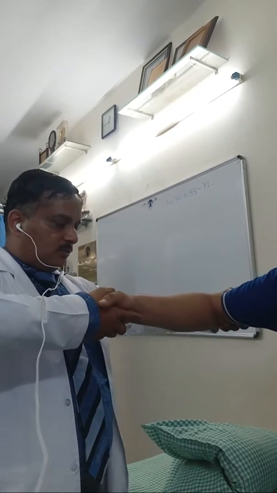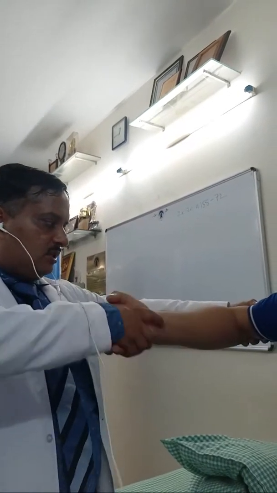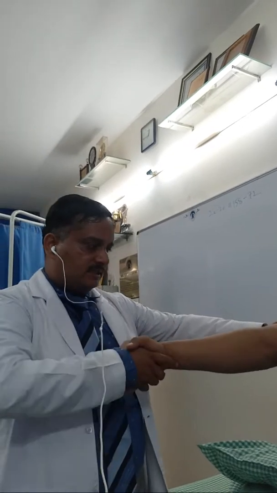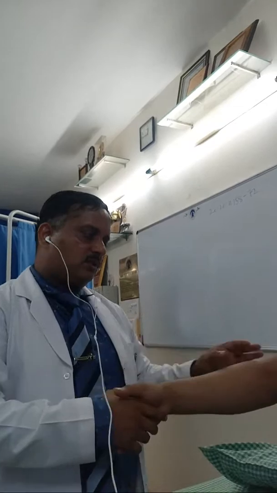We can go for the pistol grasp, traction, and you apply the thrust towards supination, while coming from flexion towards extension. Traction and then thrust towards supination. So this technique is very useful whenever we have got a loose body in the joint.